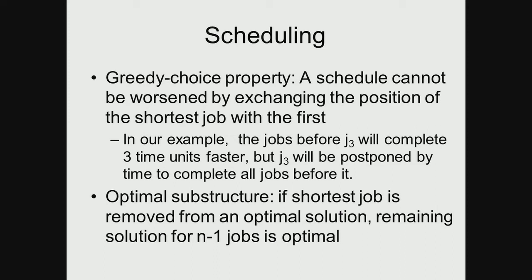In the first schedule, if we exchange the job J3 with the first job, observe that we will get a better schedule than the one that was given first. So, if we assume that there is always an optimal schedule where the first job is the shortest job, then it is clear that there is a very interesting optimal substructure: if you remove the shortest job, the remaining schedule for the remaining jobs is indeed optimal.